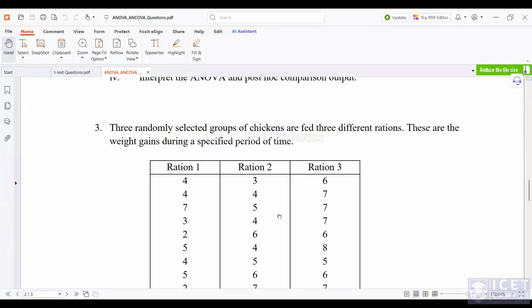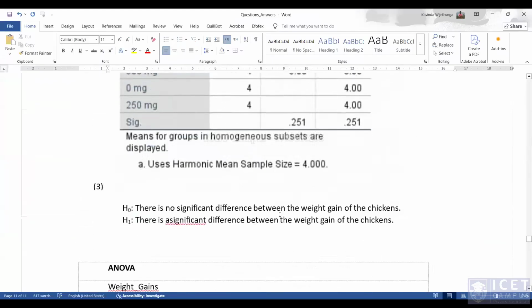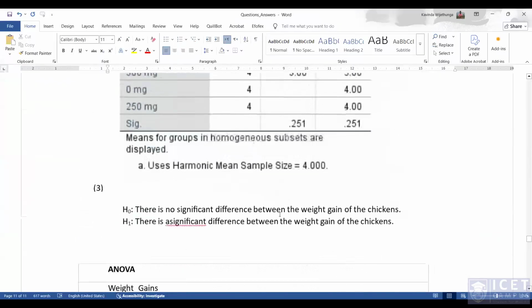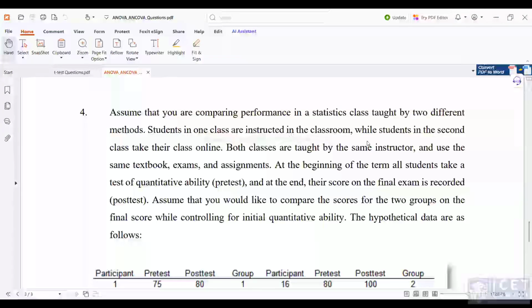Therefore, we can reject the null hypothesis. Reject means that what we took as the null hypothesis, there is no significant difference between the weight gain of chickens, is rejected. Reject the null hypothesis because that is less than 0.05, right?